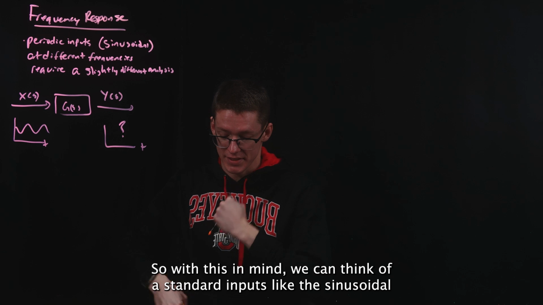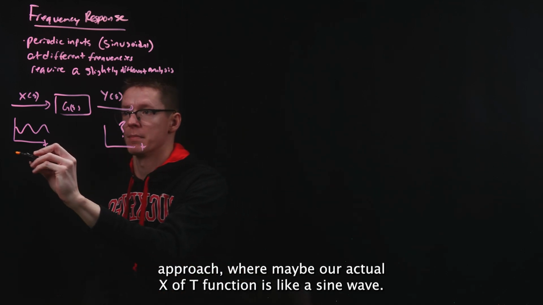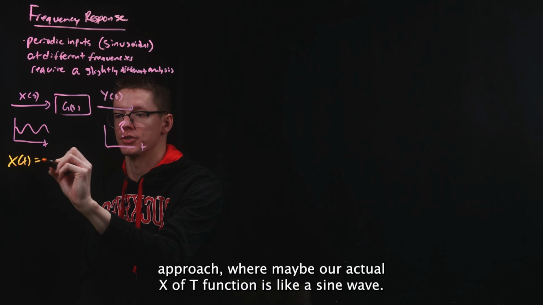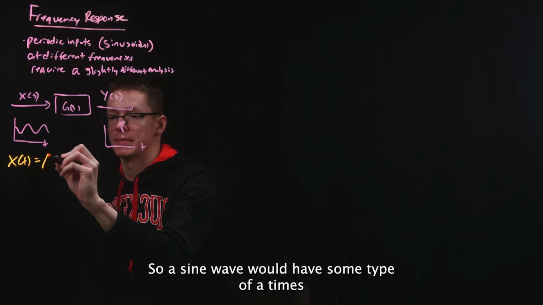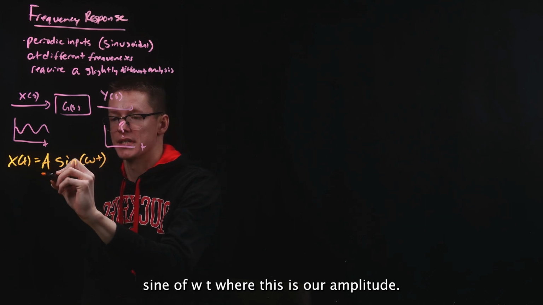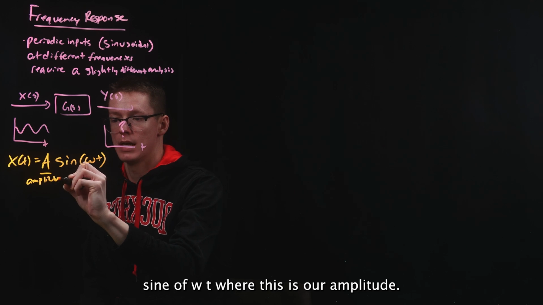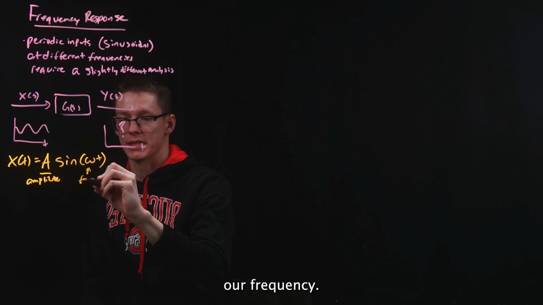With this in mind, we can think of a standard input like the sinusoidal approach, where maybe our actual x of t function is a sine wave. A sine wave would have some type of A times sine of wt, where A is our amplitude, and w is our frequency.